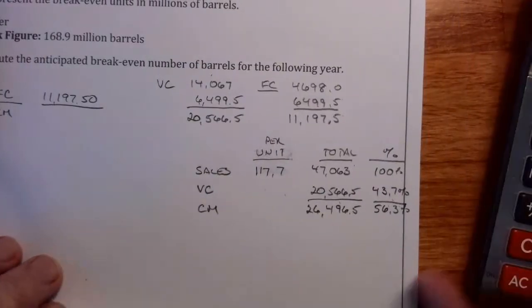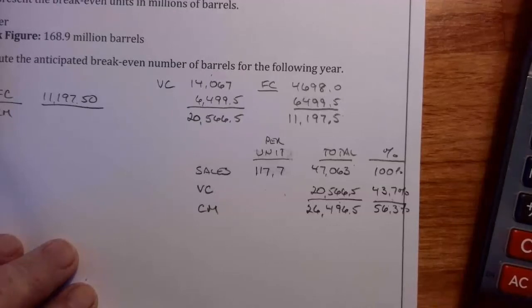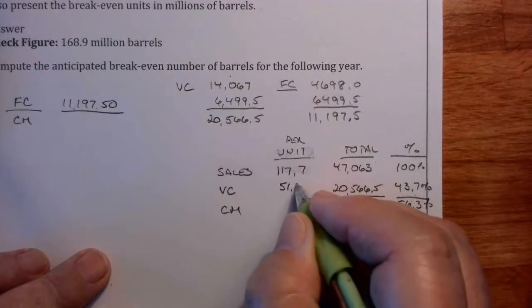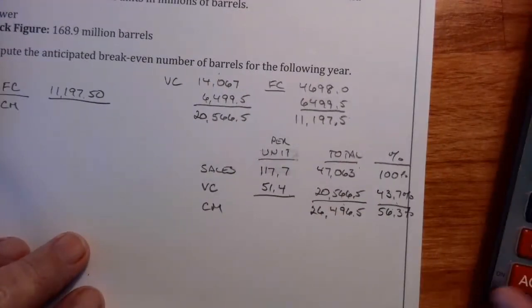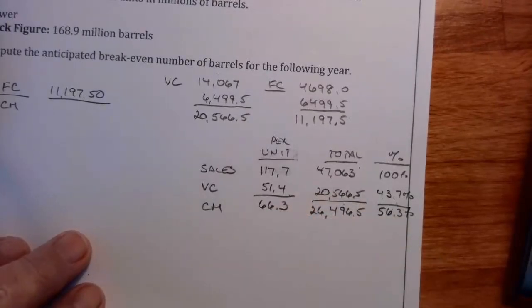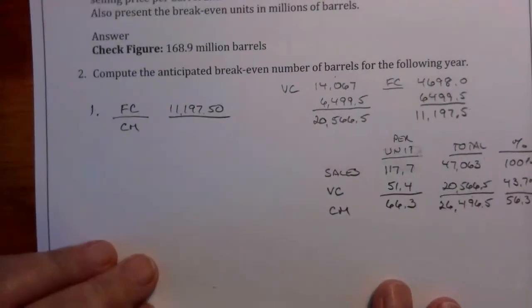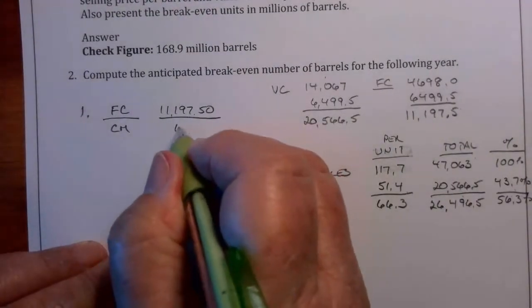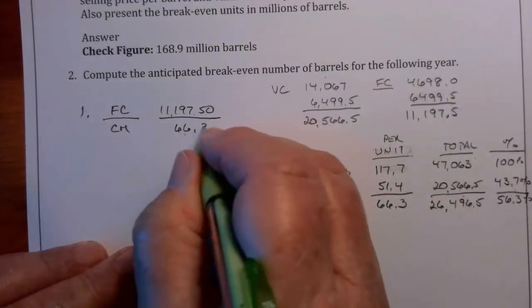For our cost, 20,566.5 divided by 400 million gives me 51.4. So our contribution margin per unit would be 117.7 minus 51.4, which is 66.3. Alright, so now I have my fixed cost divided by my contribution margin per unit. $66.30 is what they're making on each barrel of beer.